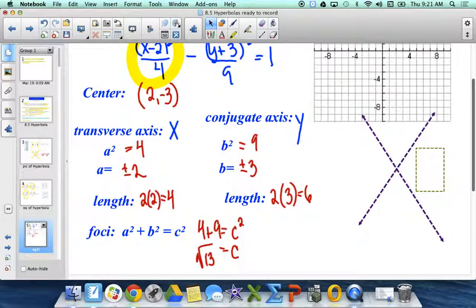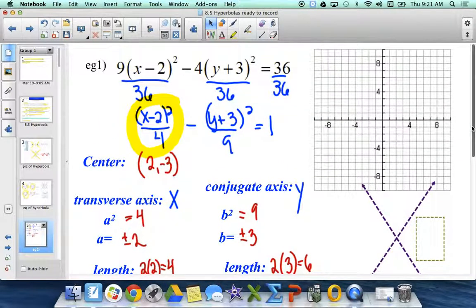Now when we draw this, we're going to draw what I would call the skeleton. That's the bit that holds the branches together, or to draw the branches. So we're going to plot the center at 2, negative 3. Then we're going to go to the right 2 units and to the left 2 units.